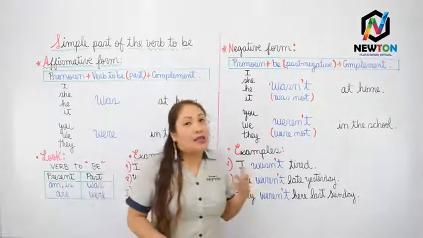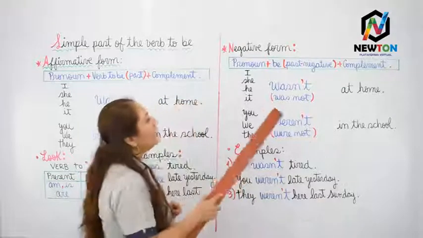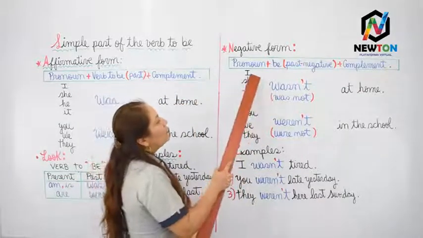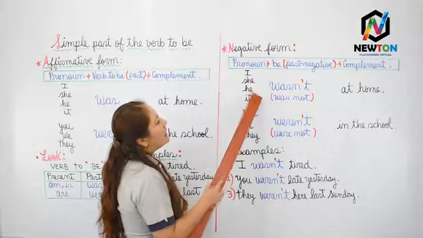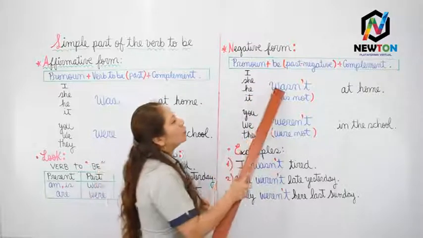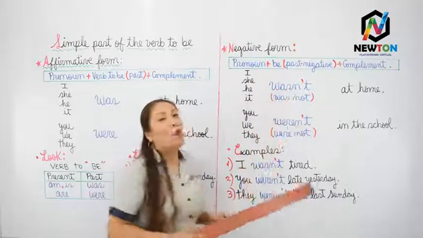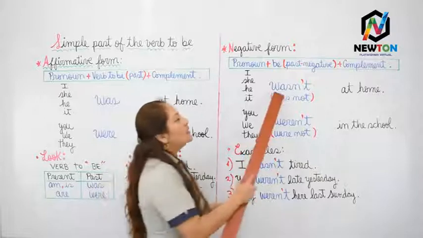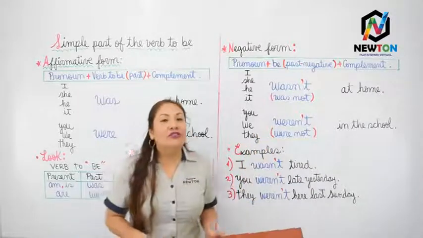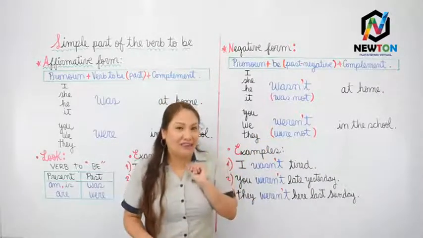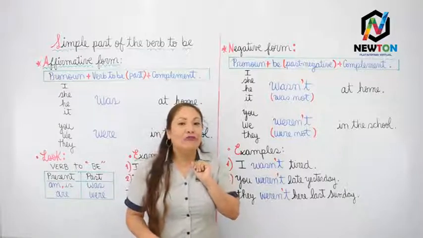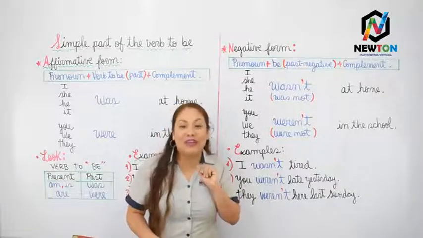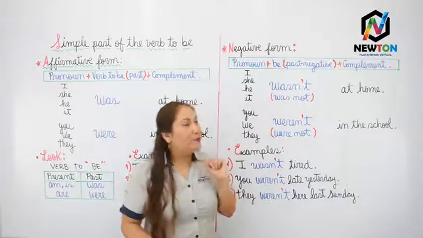Is optional. Es opcional. Now, with your pronouns I, she, he, it, use the verb to be wasn't. Wasn't is the verb to be in past negative. Es el verbo to be en tiempo pasado negativo.